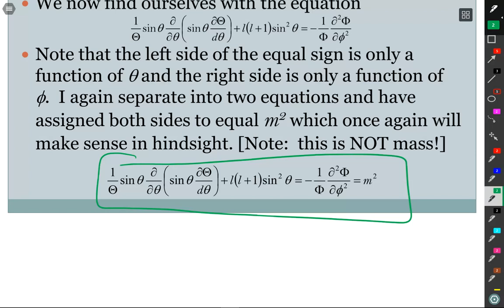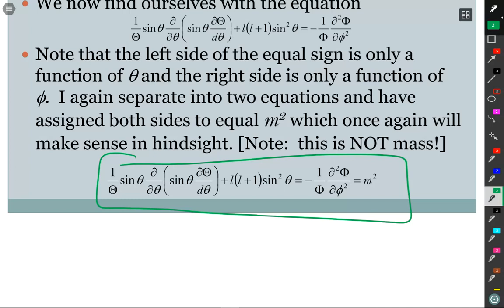Because b was too hard for us. M squared much easier. As you probably perceive, once again, when we get to the end, m squared makes sense to come back and say that constant is equal to m squared. I am sure the first person who did this used a and b, got to the end and said, oh, well, a is equal to L times L plus 1, and b is equal to m squared. And so we're like, why not just put it up easier?